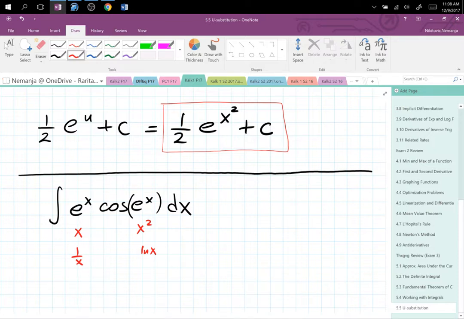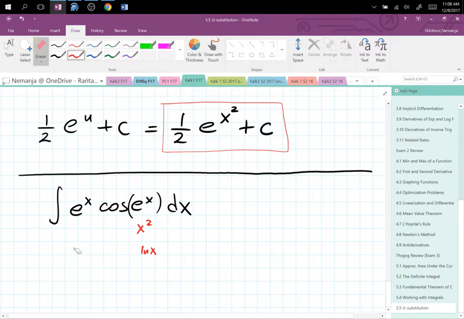So I'm engineering these examples by simply starting at whatever function I want to pick in the galaxy, and then whatever function I put within that function, I need its derivative on the side.